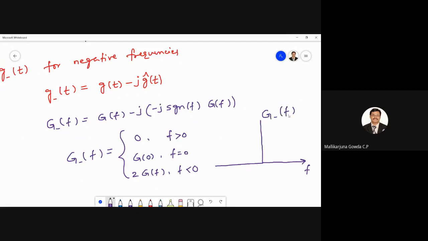That is for negative frequencies, its magnitude will be 2. And at f equal to 0, it is g of 0. For negative frequencies, this will go to minus W. So this is for g minus of f. Okay. So I think you can have a note of this sentence.